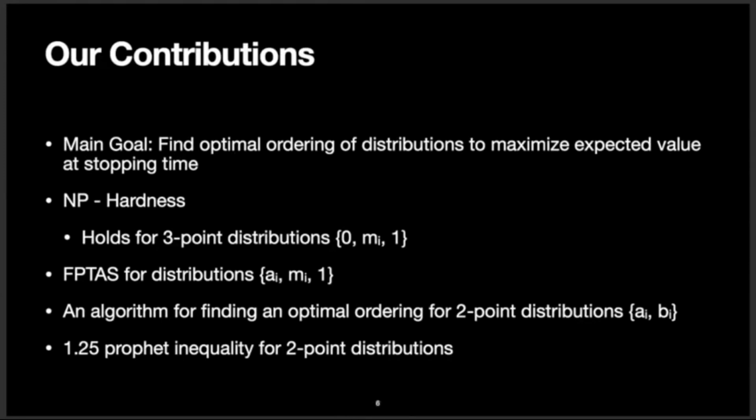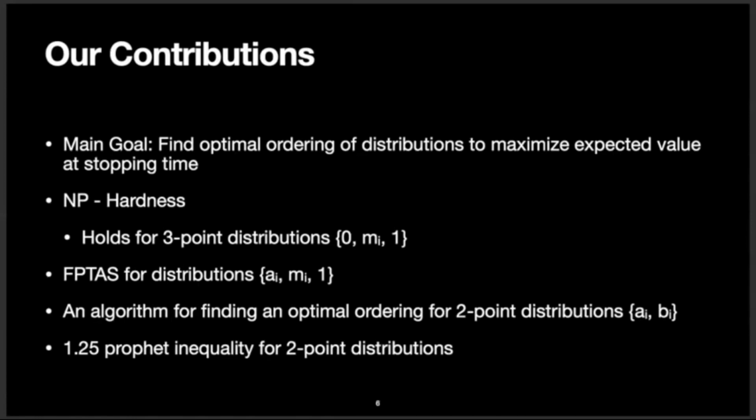So what are our contributions? First, our main goal is to find the optimal ordering of distributions to maximize the expected value at the stopping time. And we have 4 main contributions. The first is a hardness result that holds for 3-point distributions, so distributions with support size 3. And in fact, these are very specific 3-point distributions, where the left and right endpoints are the same and the middle point is different.